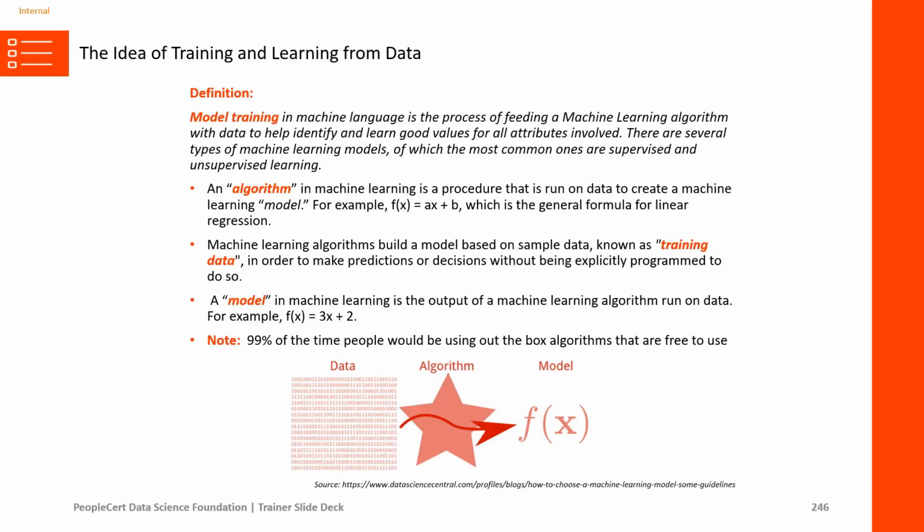Now let's look at the data. A machine learning algorithm builds a model based on the sample data, which is known as the training data. Whatsoever data you are feeding to your algorithm, that set of data is called your training data. It is used to make predictions or decisions without being explicitly programmed to do so.